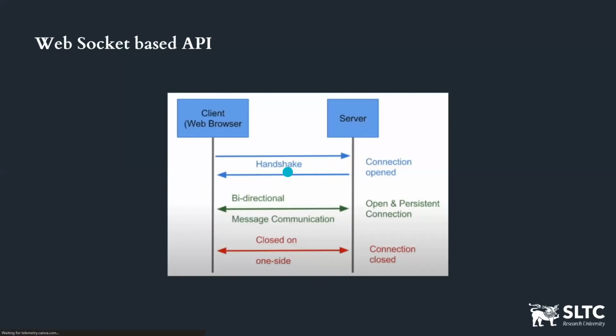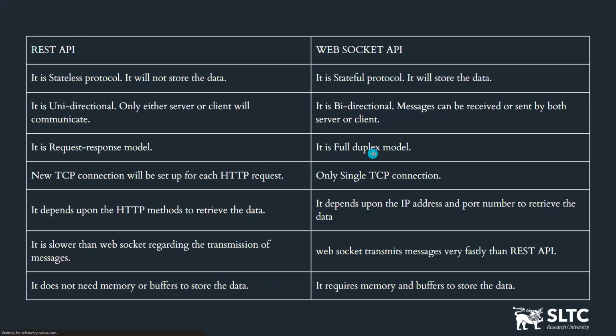So the requests are made towards the server during the bidirectional message communication, and the necessary resources are obtained from the server using this WebSocket protocol. So in here, a long conversation is made with the server for a long duration. So this is a comparison between REST API and WebSocket API.